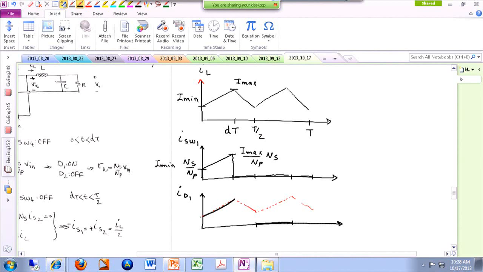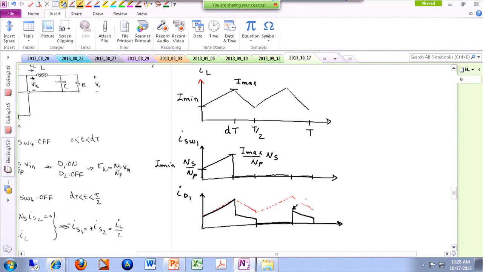In the second and fourth modes, the diode current was half of the inductor current, so I just divide it by half. So this is the current waveform we are looking at.